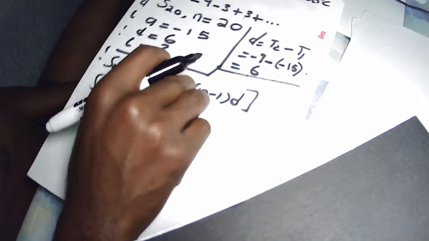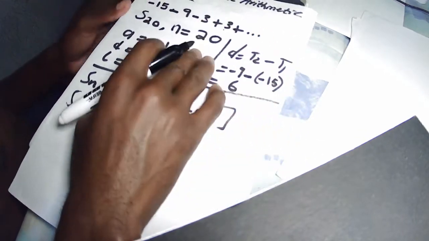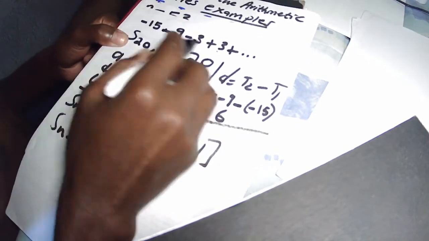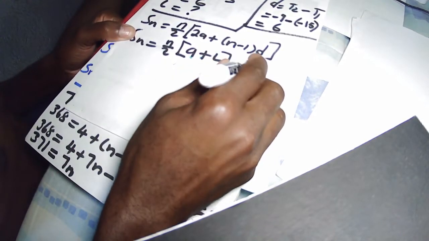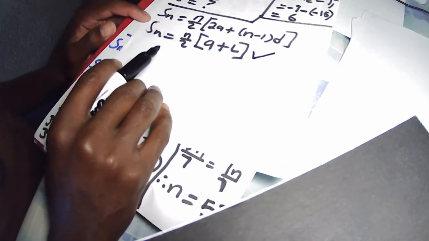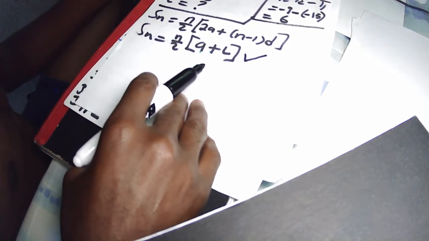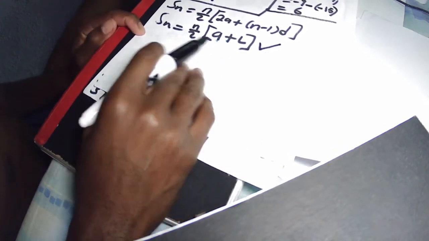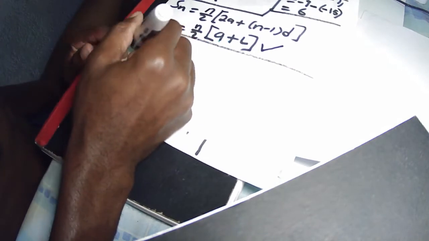When I look at this series, I do not see the last term, and this formula requires us to have the last term. In this case we don't have it, so we are not going to use it. We are going to use the first one.